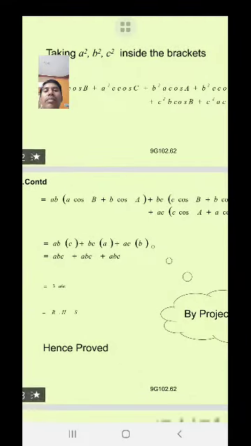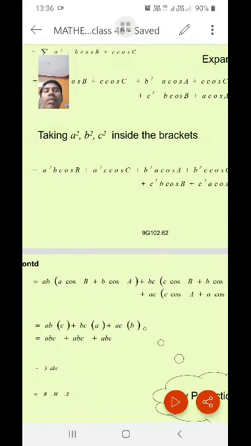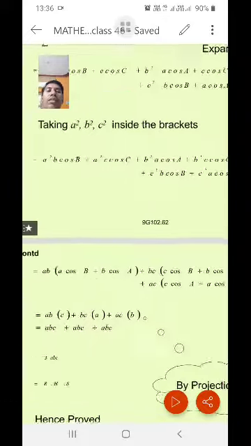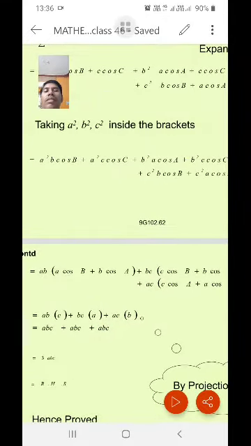After that, if we take ab common, then we get a cos b plus b cos a. Where ab is associated with the terms, from those terms we take ab common. So the first term is a square b, and the third term is also involved with ab, so from first and third we took ab common.